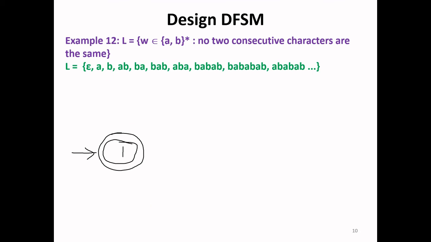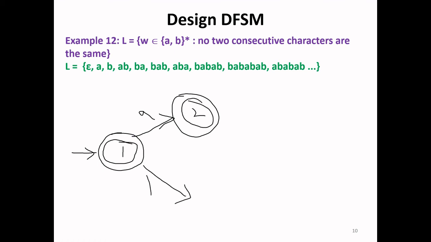So A going to state 2 reaching the final state, a B going to state 3 reaches the final state. So A is accepted, B is accepted.